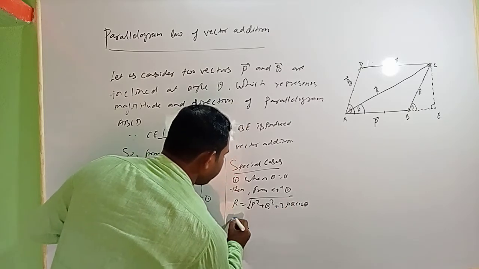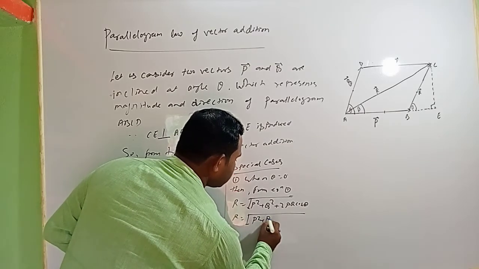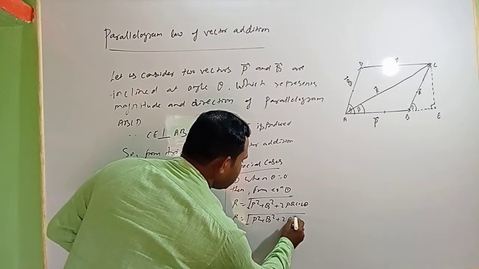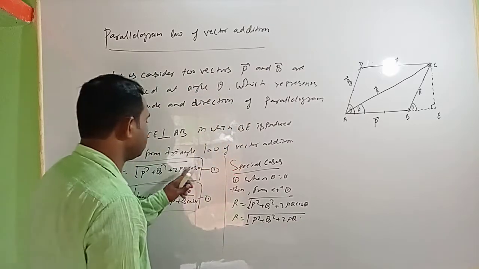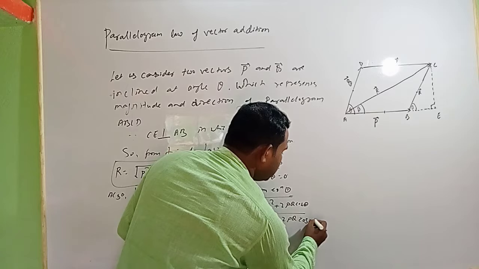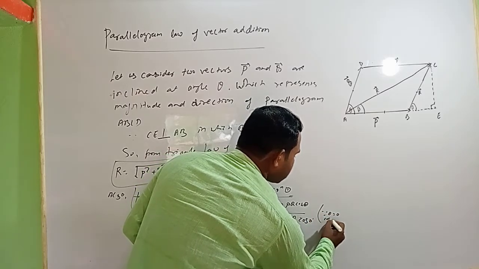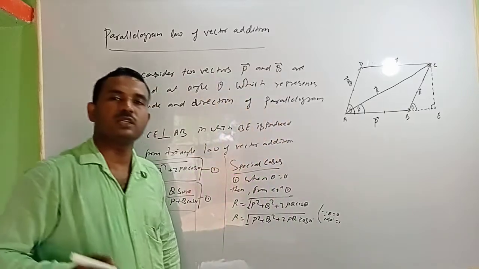Here theta you will take as 0 degree. Since theta is 0, cos 0 is equal to 1.